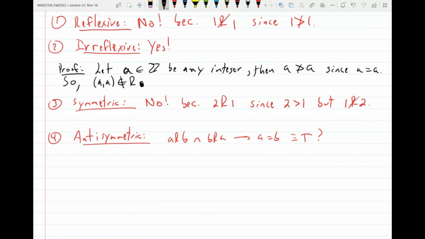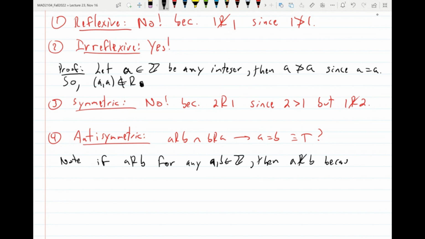So, note, if A is related to B for any integers A, B, then it follows that B is not related to A. Because A bigger than B implies that B is not bigger than A. Do you understand this?